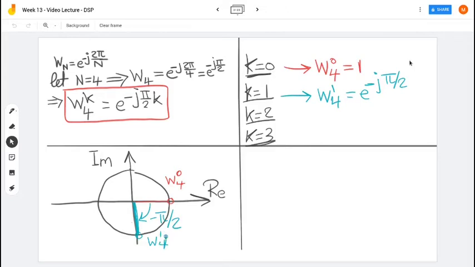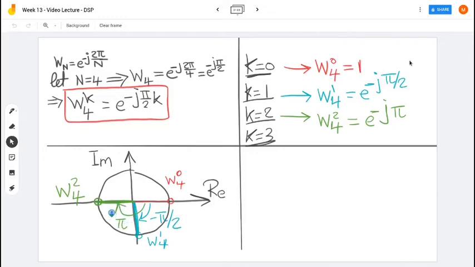Moving on, when k is equal to 2, we have W4 to the power 2, which is e to the negative j pi by 2 times 2, which is minus j pi, a complex quantity whose magnitude is 1 and whose angle is minus pi. So it will be like this, a vector pointing in this direction. This is W4 to the power 2, and this angle is minus pi and the magnitude is 1.